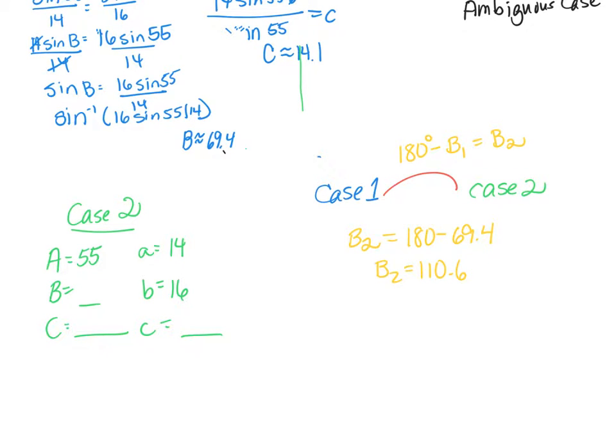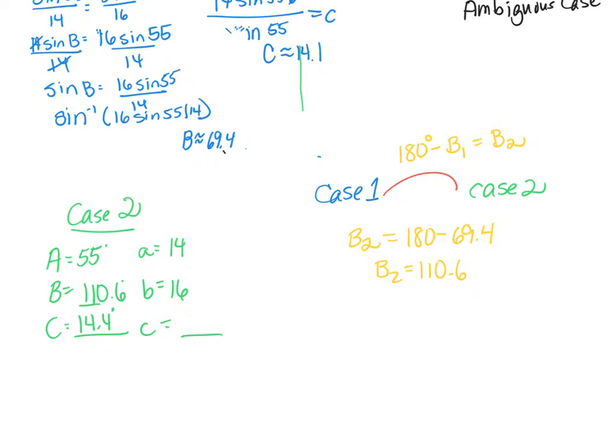So my second scenario here is that B is 110.6. Now, if that's the case, I can find angle C easily. 110.6 plus 55. Subtract that from 180 to find how many degrees are left to be in angle C. So our C has to now be 14.4 degrees.